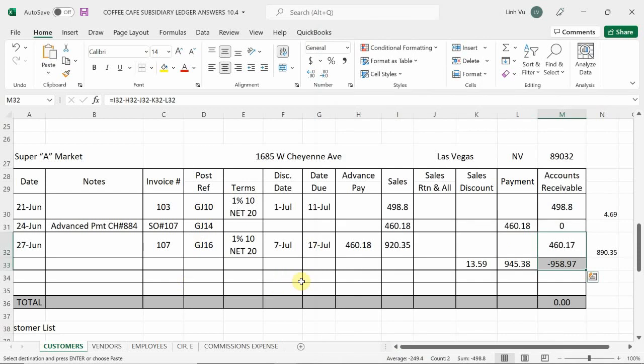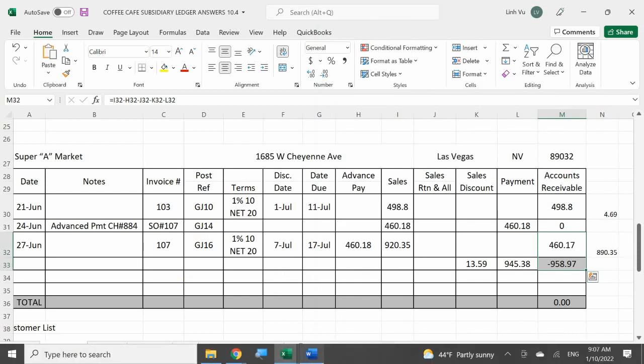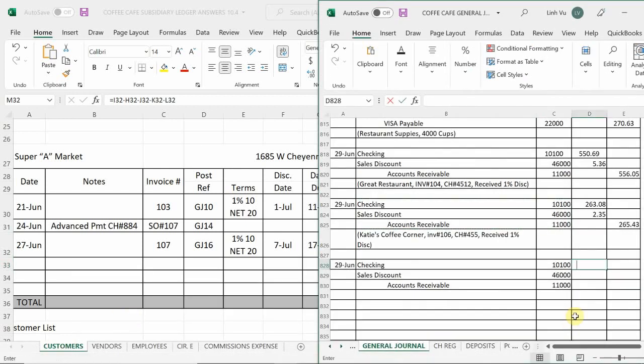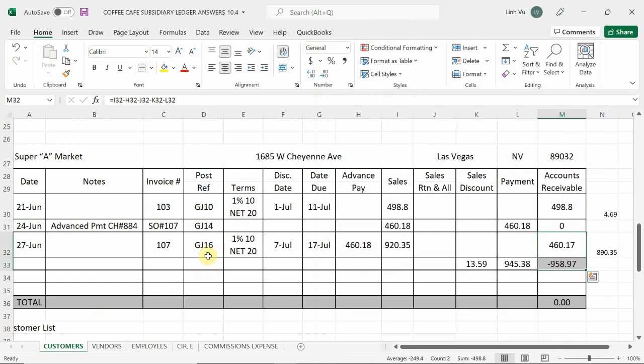We got $945.38 for the actual check, and we have $13.59 for the discount, and we have a total of $958.97 worth of accounts receivable.